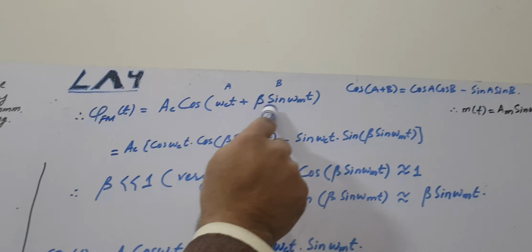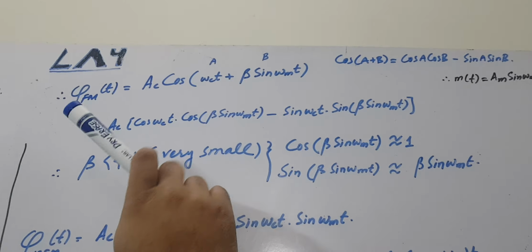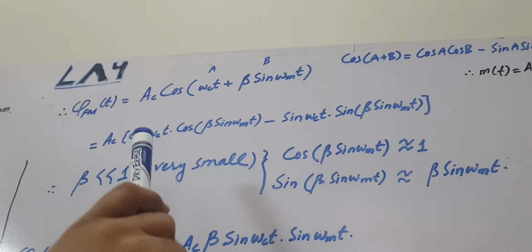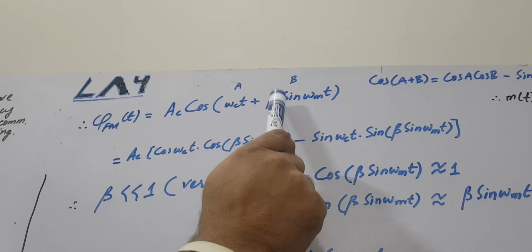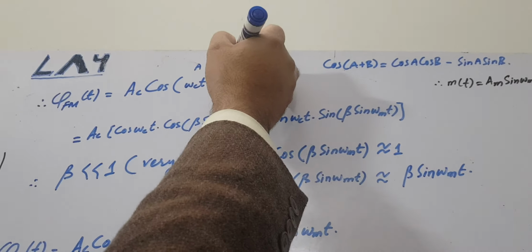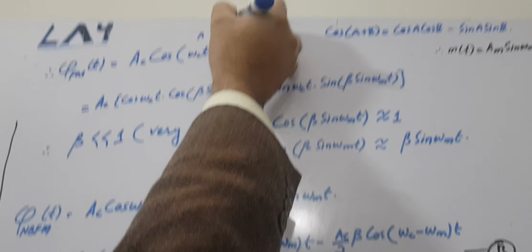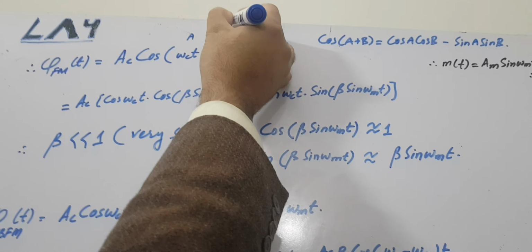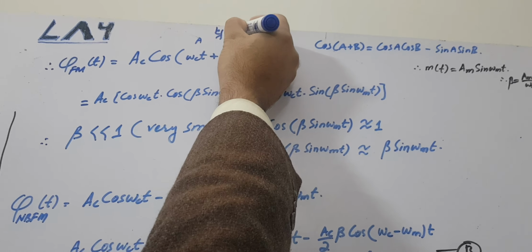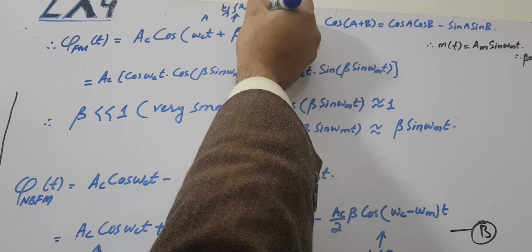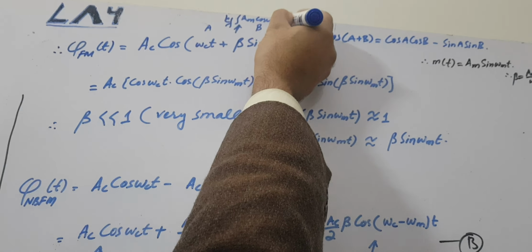So if this is your PM signal, you can take the integral of that one. You have already taken the integral of the message signal, like here your message signal was something like that, k of f and the integral of am cos omega mt dt.